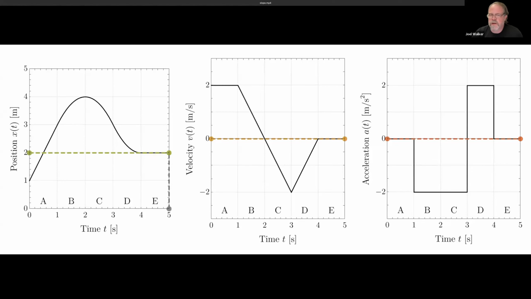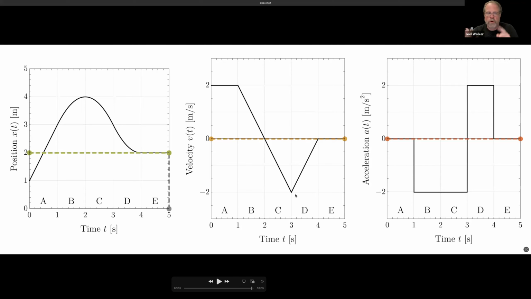One thing to note, and a common misconception: students sometimes think that positive acceleration means speeding up and negative acceleration means slowing down. That's not correct. In segments B and C, both, we had a negative acceleration. A negative acceleration simply means that the velocity is becoming more and more negative as a value.